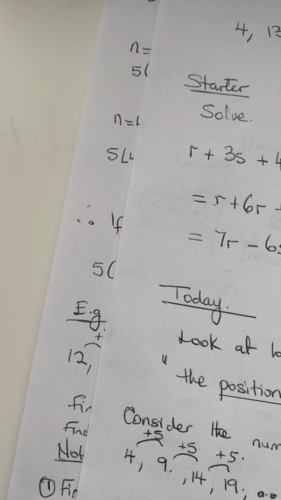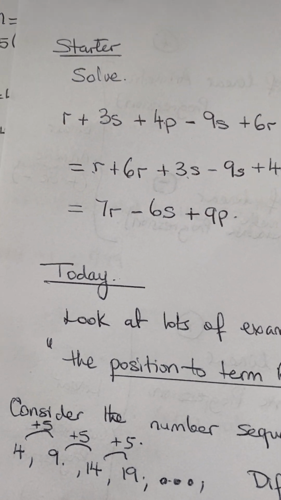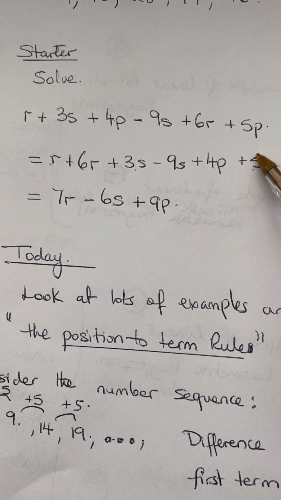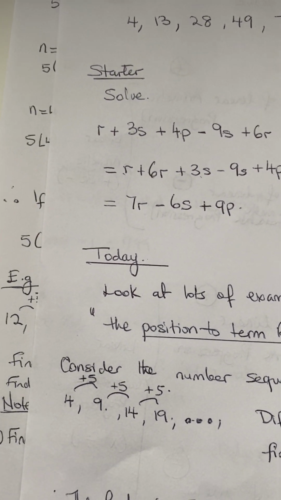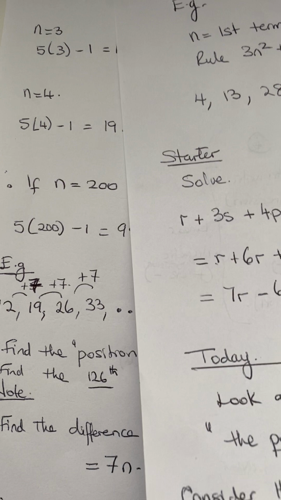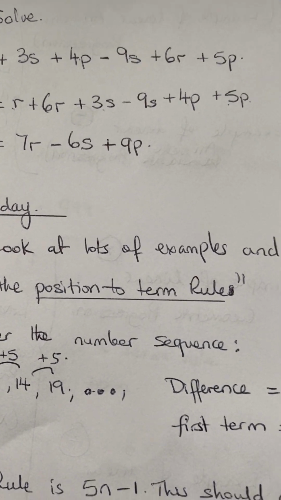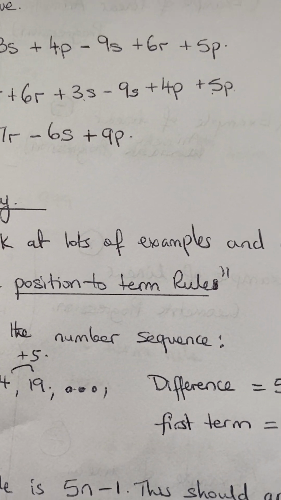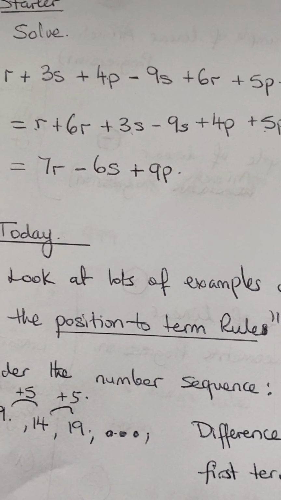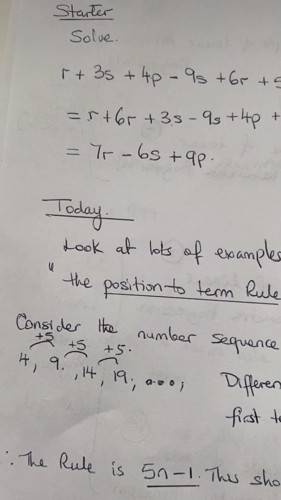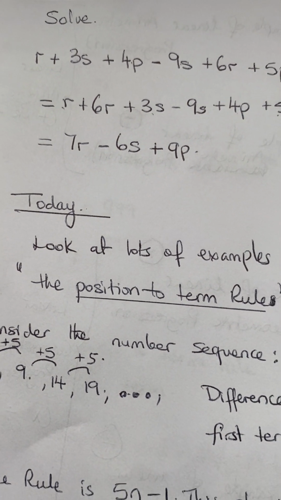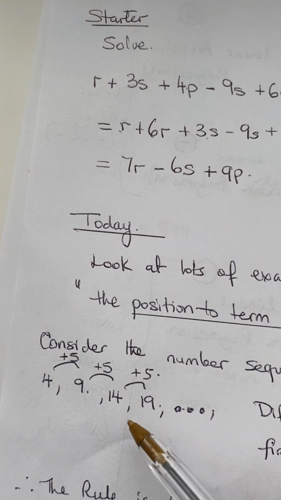We used algebra, which we've done several times, putting variables together. So we find the difference, multiply by n, where n is the position of the term. Then you see what to add or subtract to get your first term.